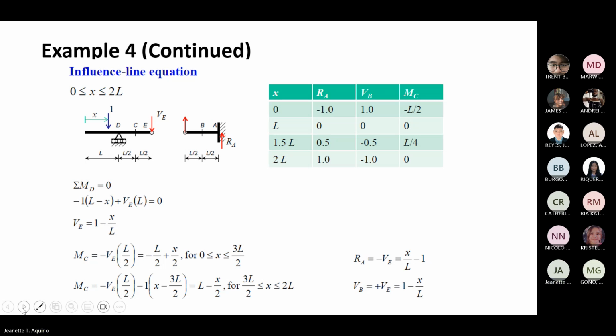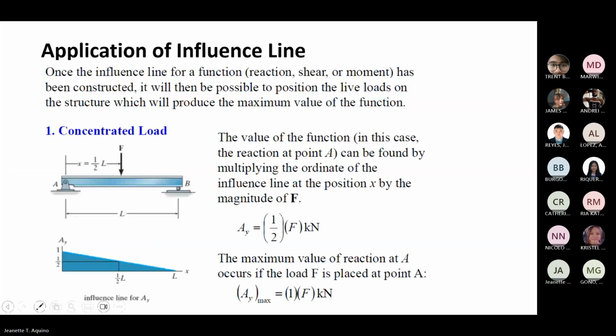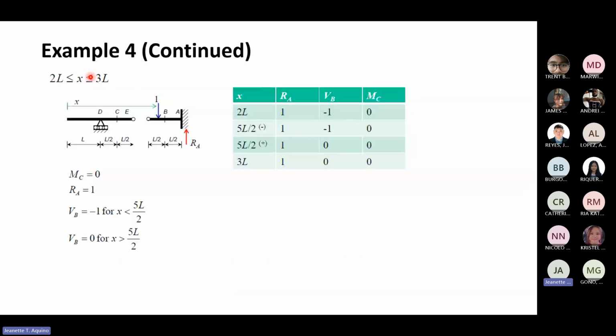Okay, so for 2L, if your X is greater than 2L but less than 3L, it will be here.